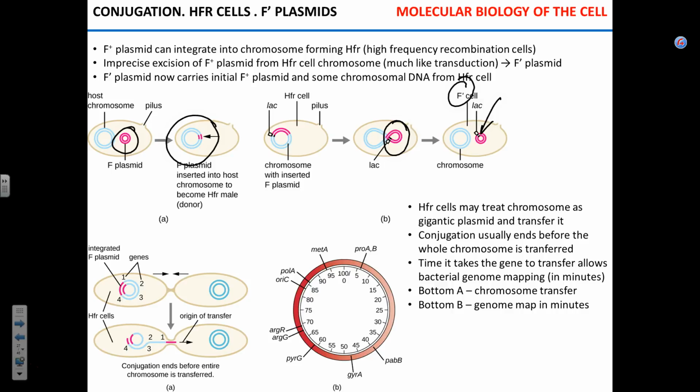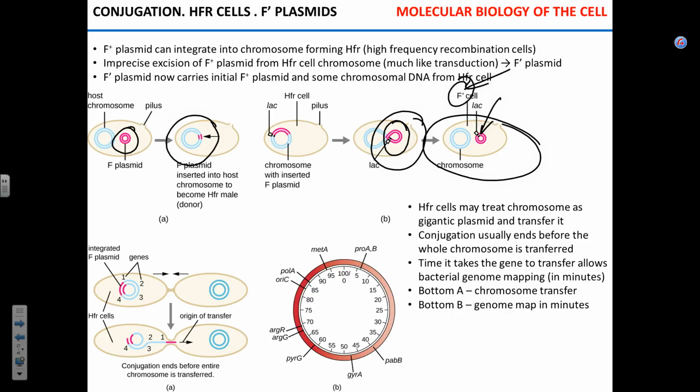When such a plasmid is transferred to a new cell, the new cell is called an F prime cell, which has the fertility plasmid plus some bells and whistles that it stole pretty much from the bacterial chromosome. So that also increases the genetic variability in a population.